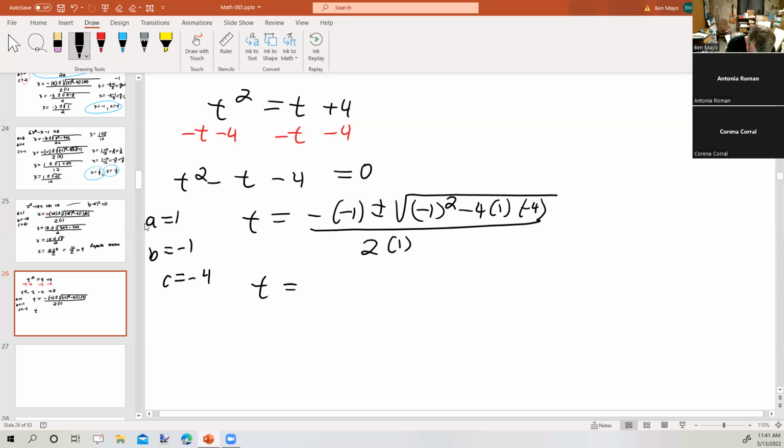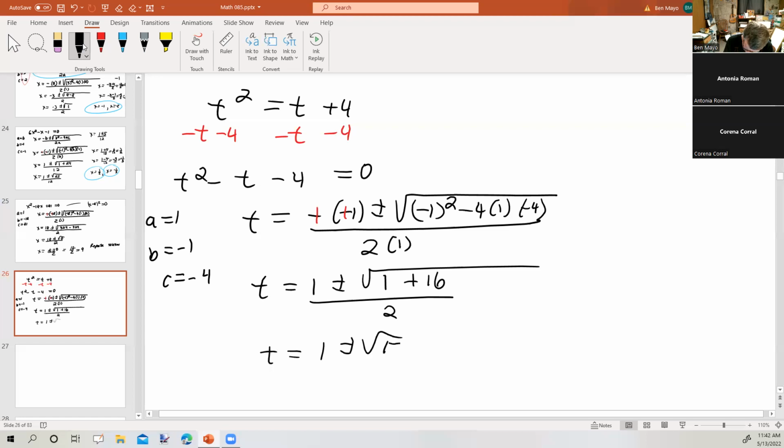So t equals, subtracting a negative is like adding a positive, 1 plus or minus the square root of -1 times -1 is +1. And then -4 times 1 is -4 times -4 is +16 all over 2. So t equals 1 plus or minus the square root of 17 over 2.